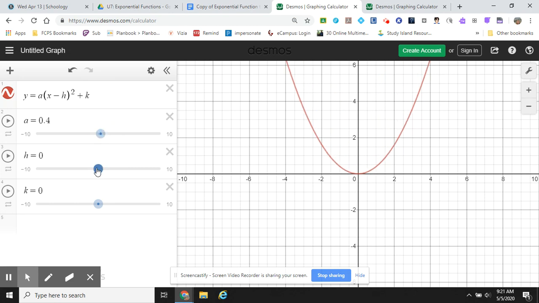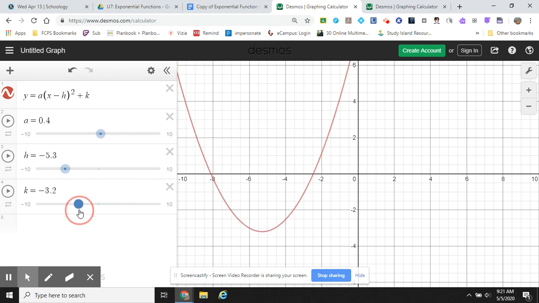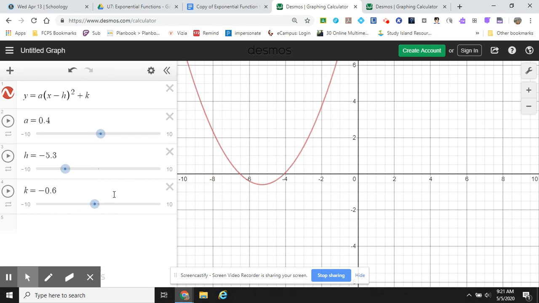And then we moved this h value, and remember when it was inside the parentheses, that's your left and right, depending on whether it's plus or minus. And then the k value is your up and down, depending on whether it was plus or minus. What you're going to discover today is that the rules are super similar in exponential functions.